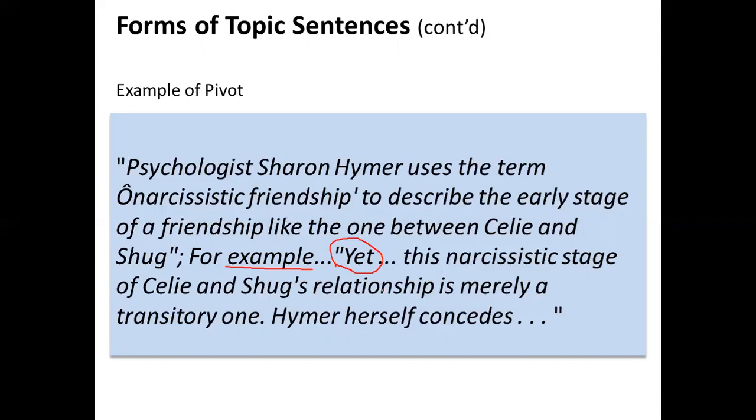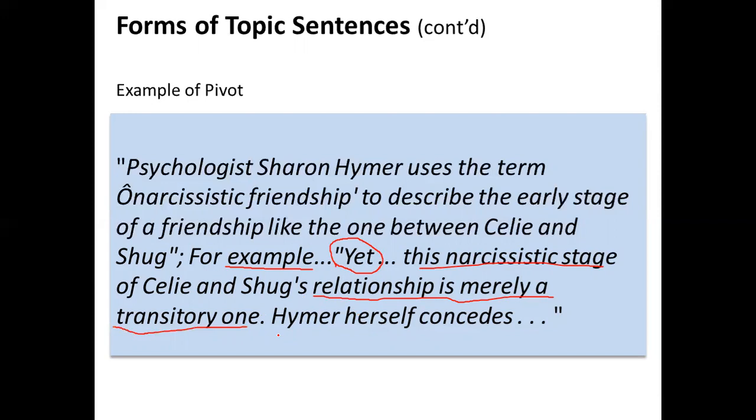So what this paragraph is talking about is that the early stage is merely a transitory one. The early stage of friendship is a transitory one. Okay, whatsoever has happened before this yet is not the major thing. So from here down, that's where the topic sentence is.